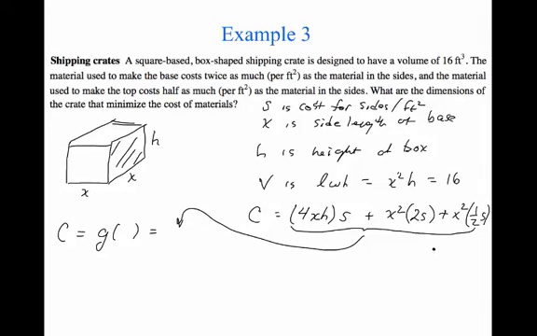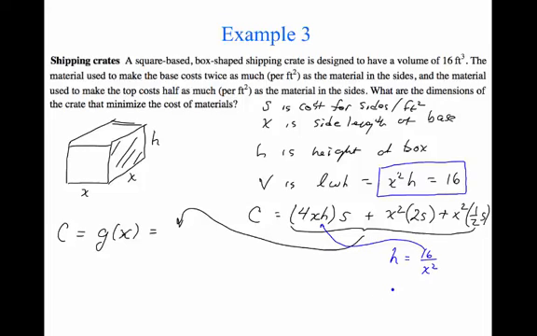How are we going to get this to one variable, say X? We're going to use our constant volume. H is 16 over X squared. And everywhere there's an H, we're going to put that right there.